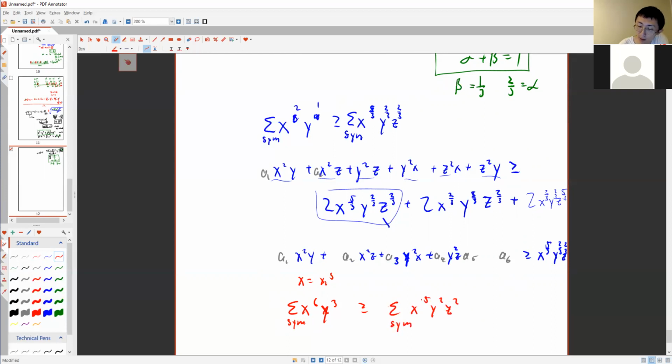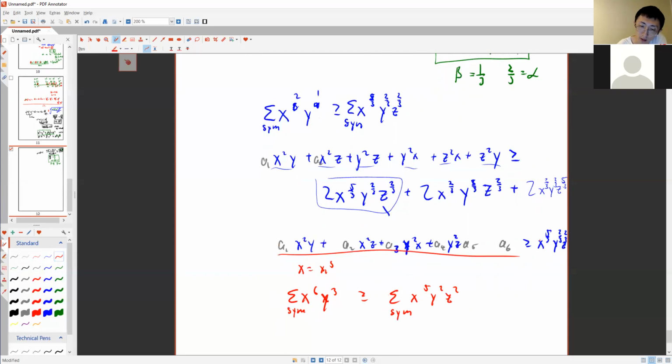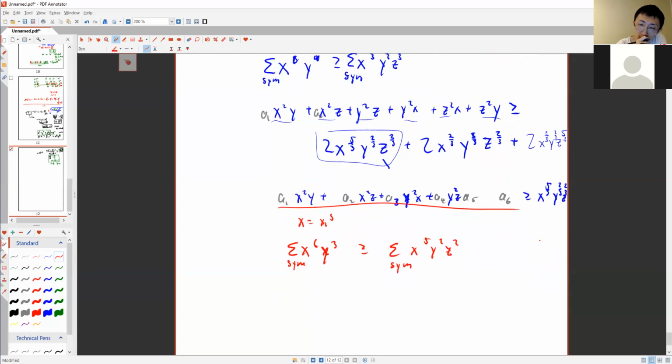And there should be a way to solve the system of linear equations to make it work out. My guess is all these 2 terms will have the same coefficients. So let's just say a x1 to the 6, y1 cubed. And it's probably good that I'm trying to do this on the spot since I don't usually do this.